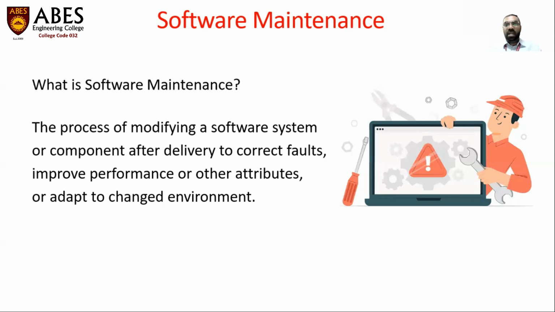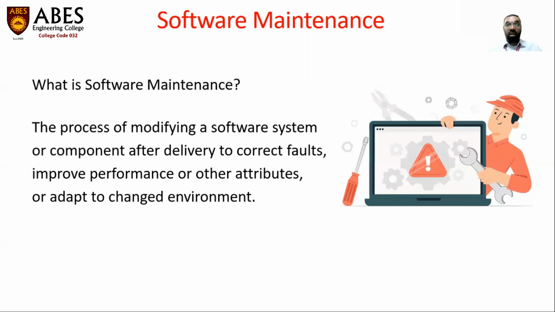What is software maintenance? The process of modifying. The important point is modifying. We need to change something of a software system or a component. Sometimes the overall system can be changed, or sometimes we need to change only a small component after delivery.